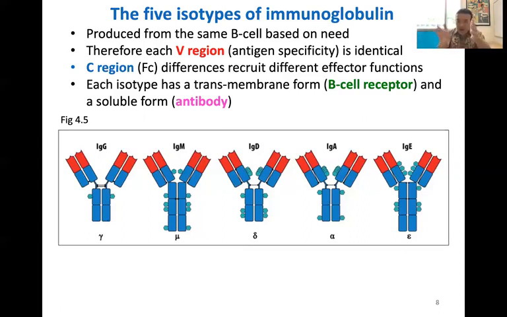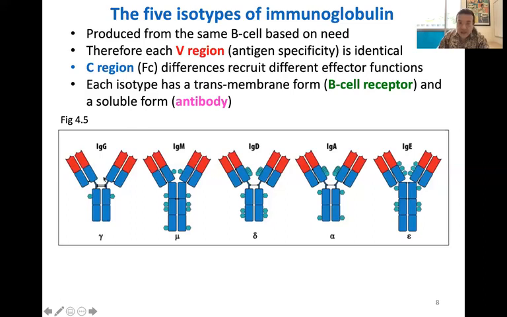So which blue parts you have here is what determines the 5 isotypes of immunoglobulin. But the important thing to keep in mind is the red part, the variable part, right? That's the thing the B cell needs to hang on to and not change radically, because that's the whole reason this particular B cell turns out to be valuable: by chance, its recipe for immunoglobulin makes the right shape to be able to bind to something on the surface of bad clown.